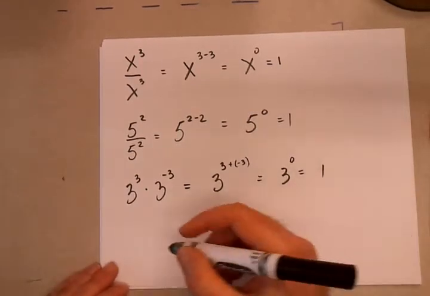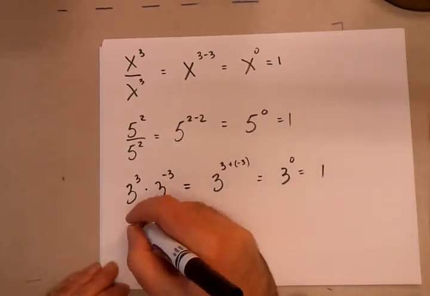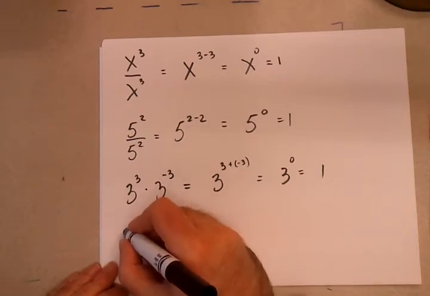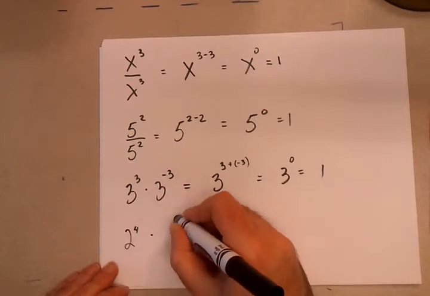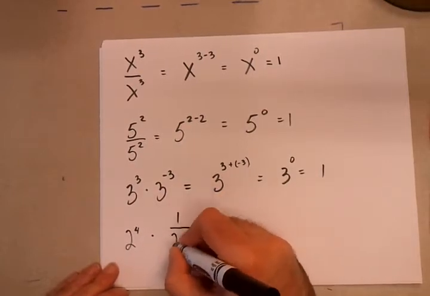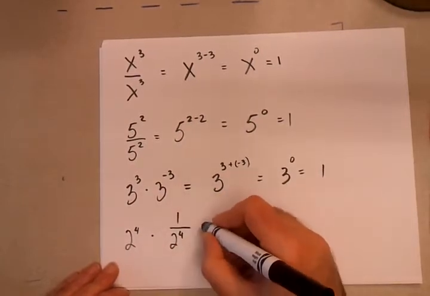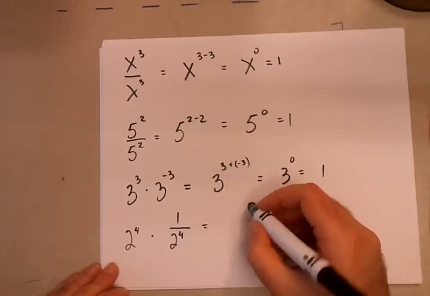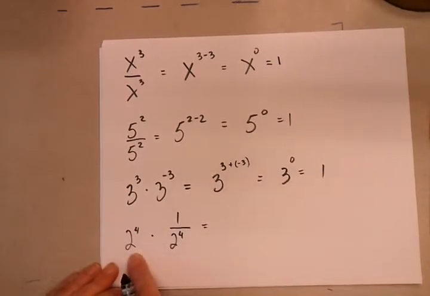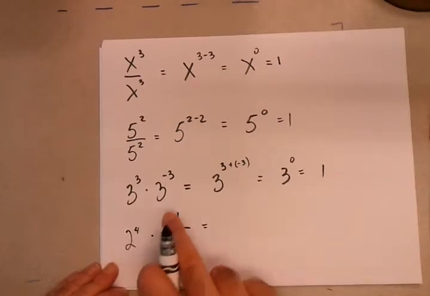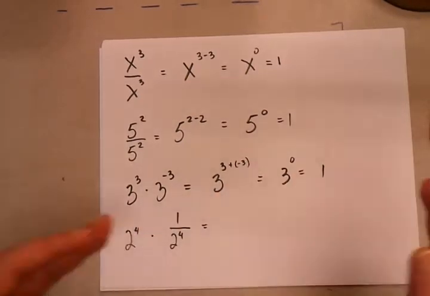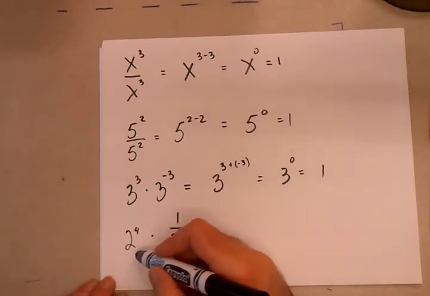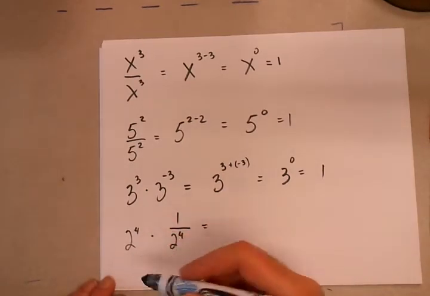Let's look at another problem. If you have something like this, where it is 2 to the 4th power times 1 over 2 to the 4th power, well, first of all, you would have to rewrite it with the 2 to the 4th power that's right here goes on top of the fraction, because you multiplied numerators against numerators, and this has a denominator of just 1.